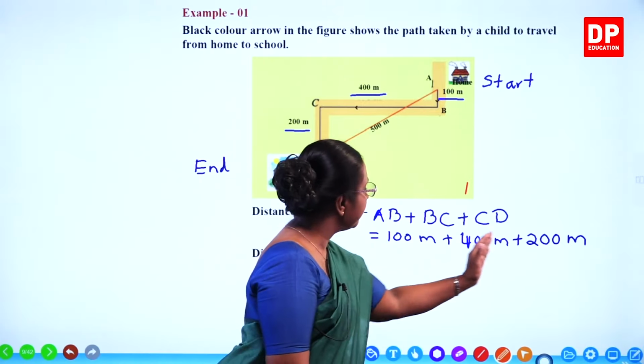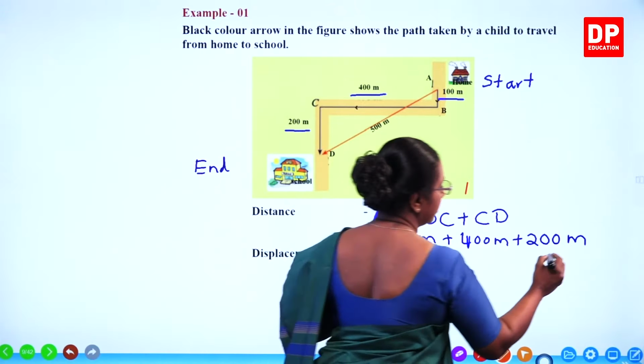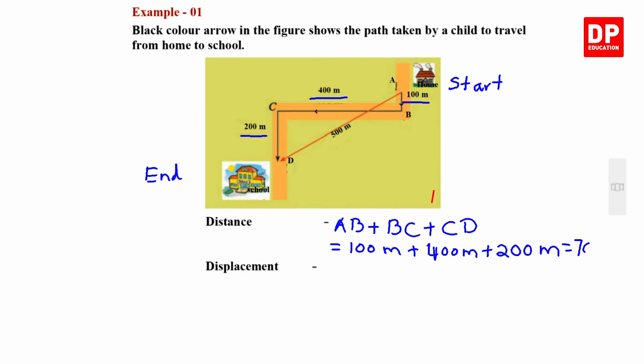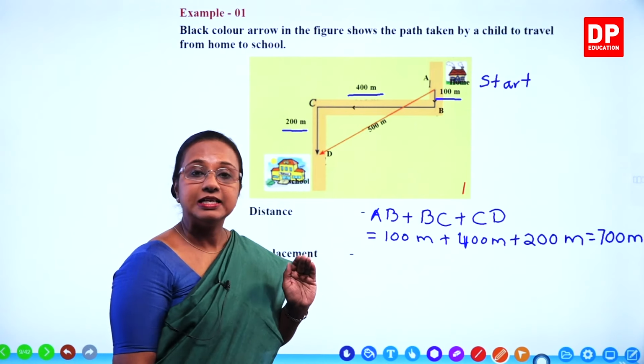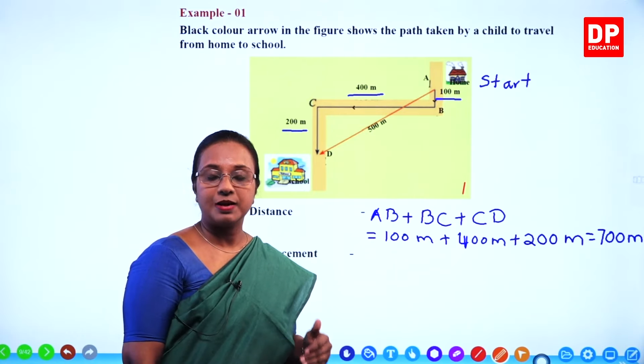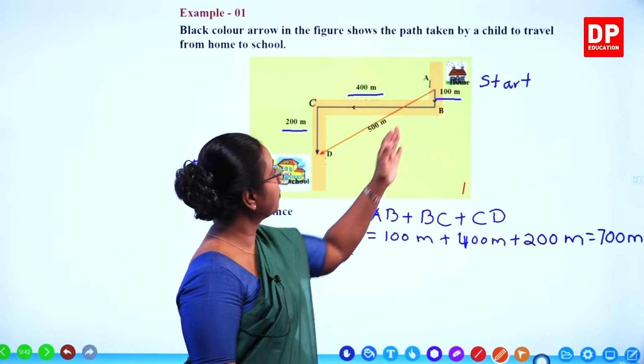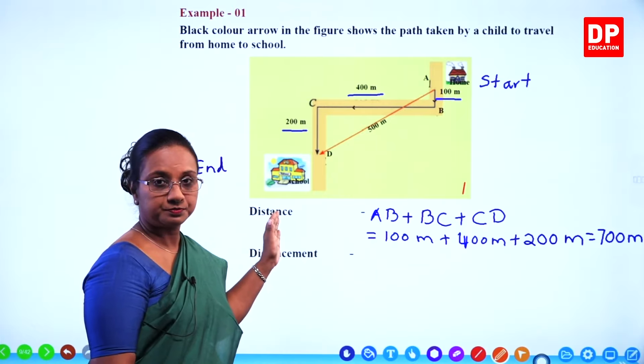So if we add them together, you will get a value of 700 meters. So that is the distance traversed by the child to go from home to school.